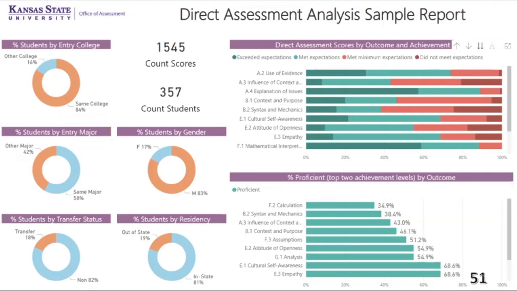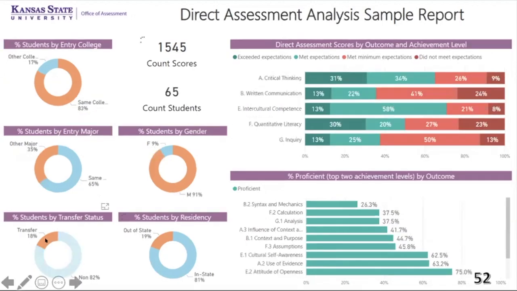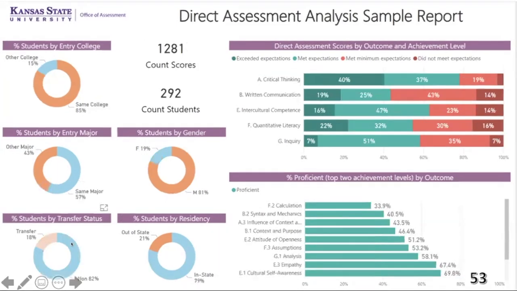As an example, if we click on transfer students here, now it filters out all the students who transferred in, and we see their scores in these particular areas, and you can drill down further to each of the criteria. So if we click on all those who started on campus, we see that achievement is a little bit different.